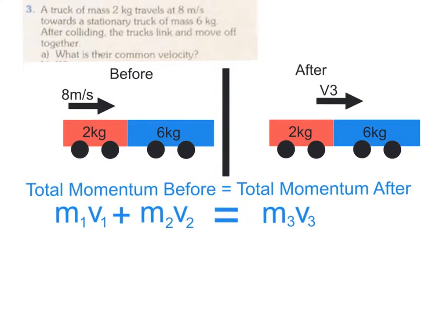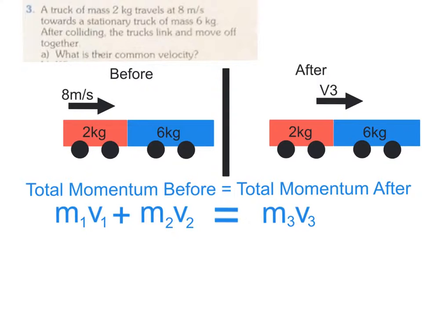So all we've done here is turn the momentum of this into an item in our equation, and the momentum of this into an item in our equation, and the momentum of this combined object becomes an item in our equation. And the conservation of momentum says that the total momentum before, the sum of these two, will equal the total momentum after, which is this one.